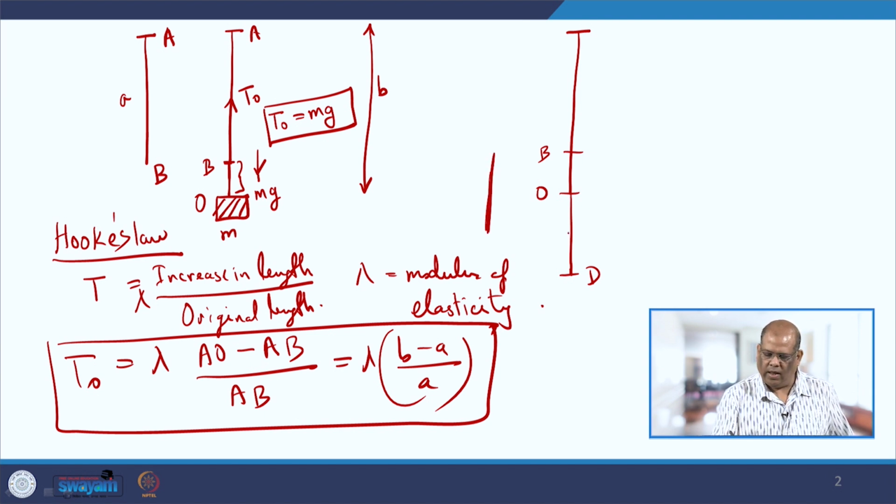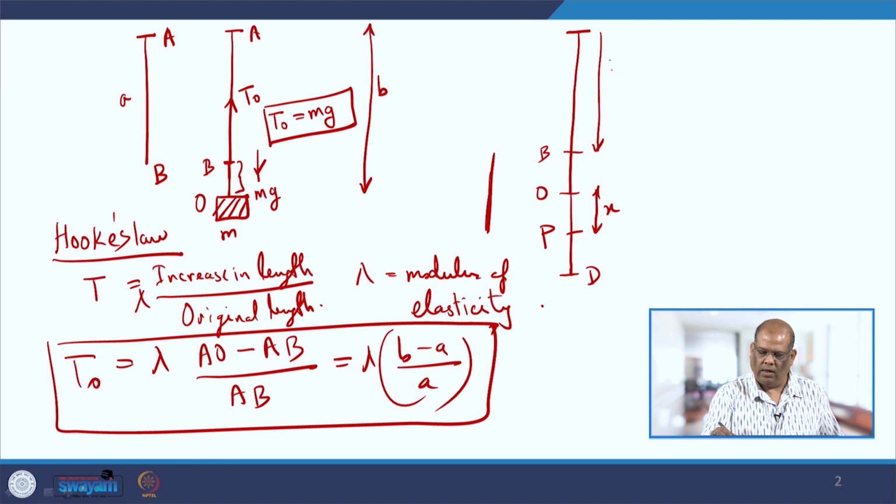And if I say that P is the position at any time t such that this OP is equal to some x, this length is A, this length is B.